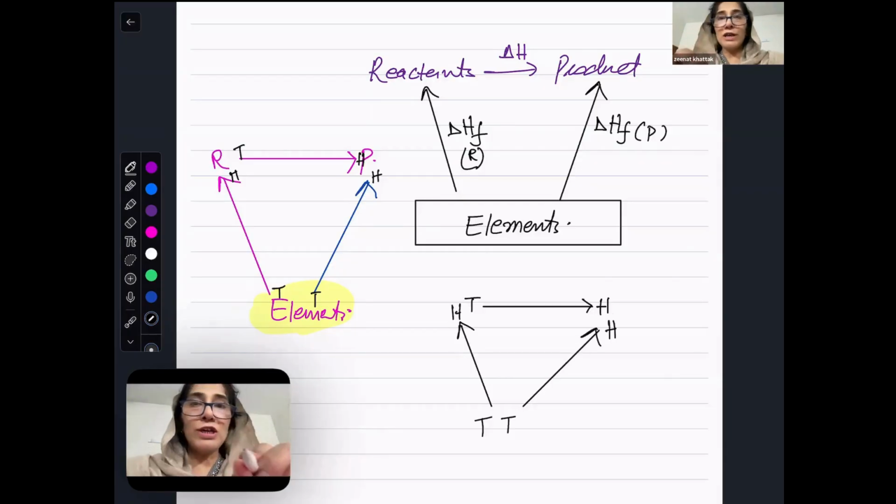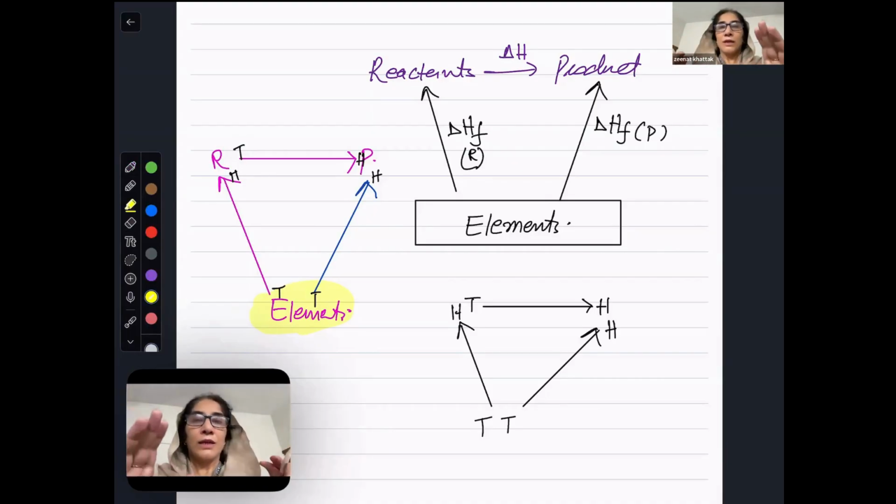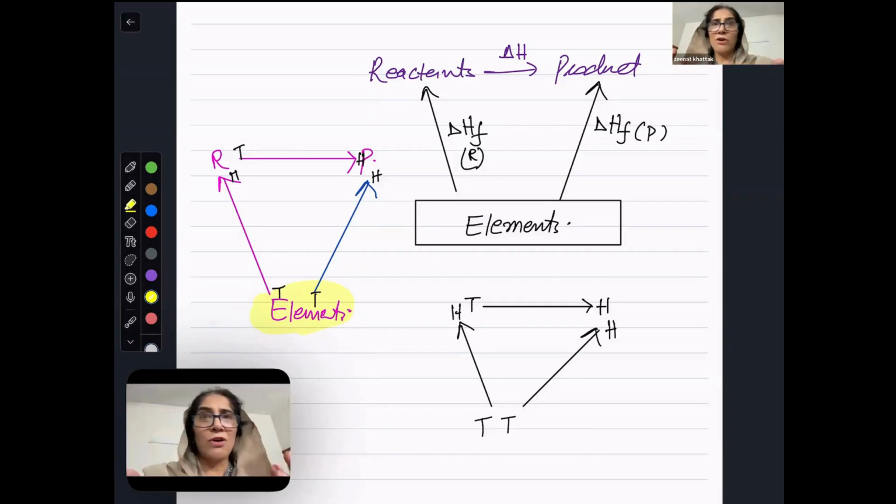So your journey in the Hess cycle, you're not that young, not that small to not understand a basic concept. Listen, don't go for tricks.